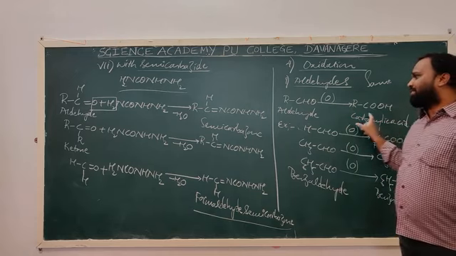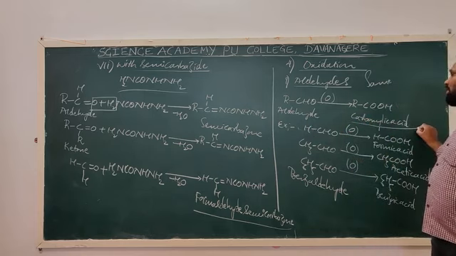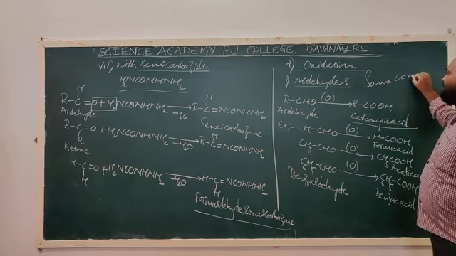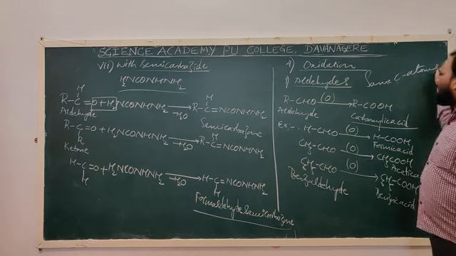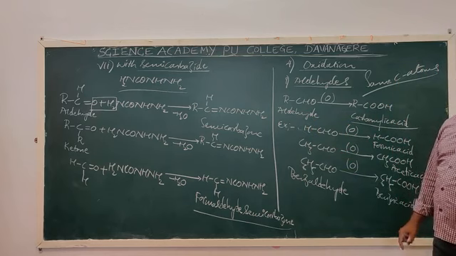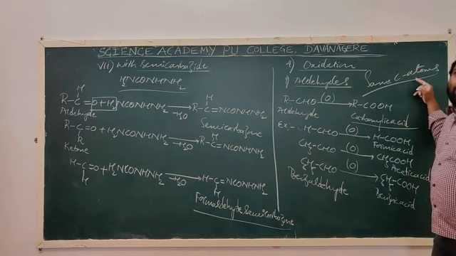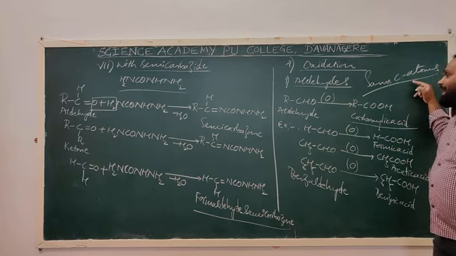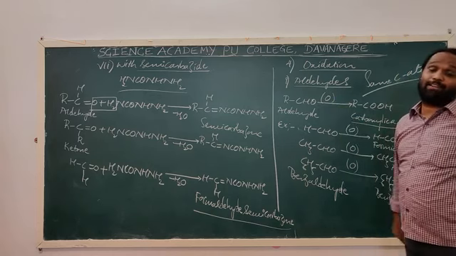What is the significance of this reaction? Aldehyde on oxidation gives a monocarboxylic acid, and the obtained carboxylic acid contains the same number of carbon atoms as that of the aldehyde. I think you remember the structural elucidation, the open chain structure of glucose. In that, I explained the confirmation of the aldehyde functional group.